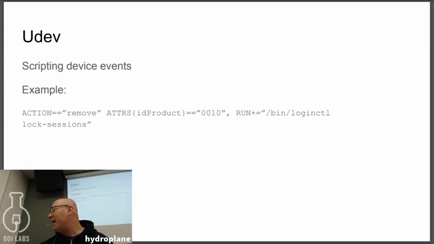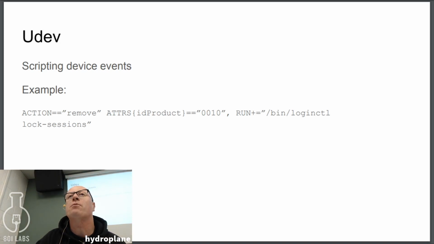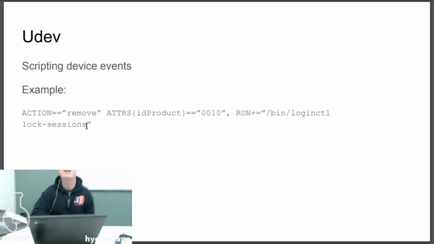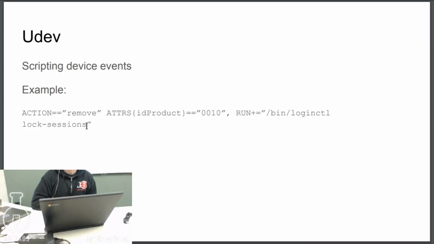So even if you don't have any of the more sexy hardware that we'll go through later on, if you have a thumb drive, one of those cheap ones, and you know its device or product ID, you can say, when you remove the device with this ID, lock the session. So even without any of the fancy hardware, you could just add a rule into udev so that when you walk away from your computer, you pull the device out and it locks up. So that's kind of interesting.